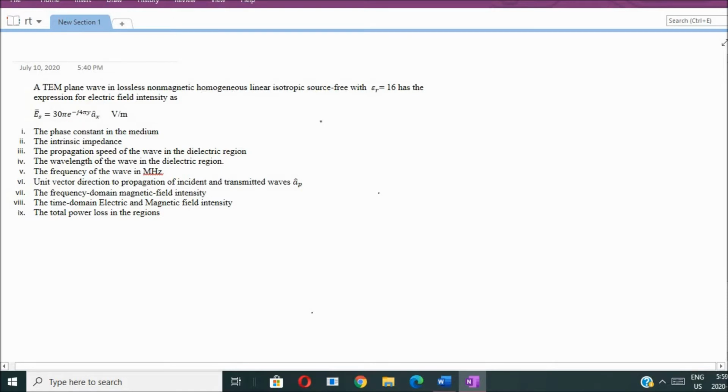Then we have to solve for the unit vector in the direction of propagation. Here the wave is propagating in the positive y axis. If you see here, the sign is negative.